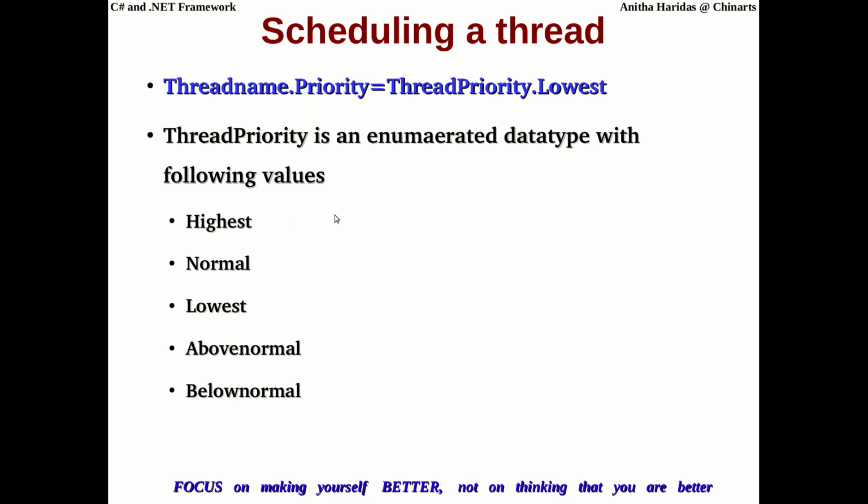Please recollect all the points you studied under enumerated data types: how to define one, how to name it, how to give values to it. This is the name of the data type and it contains these values: Highest, Normal, Lowest, AboveNormal and BelowNormal. These are the priority values that you can set for a thread.